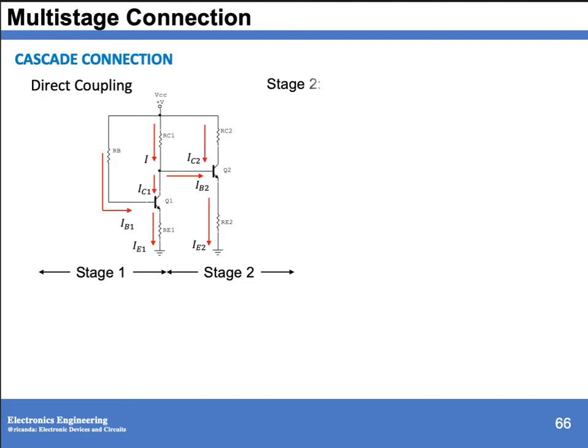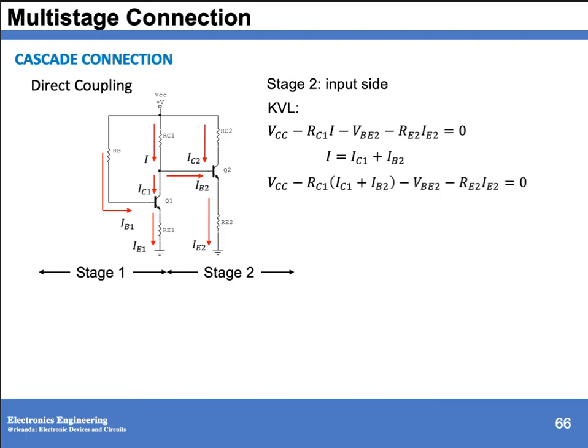At the input of your stage 2, we have VCC minus RC1 I minus voltage base emitter 2 minus RE2 IE2 equals 0. Remember, I equals IC1 plus IB2.